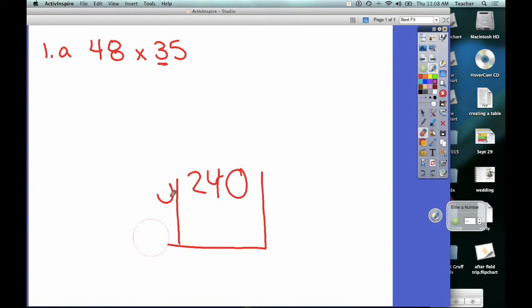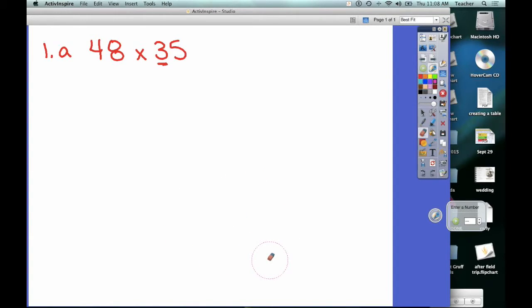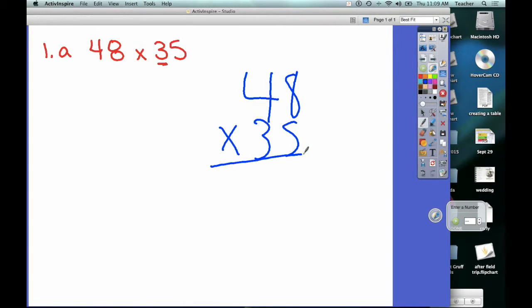Raise your hand if you think you could do the standard algorithm of this number. So you put 48 times 35. You do 5 times 8 is 40, so you carry the 4 over here. And then you do 4 times 5, and you get 20, plus 4 is 24.